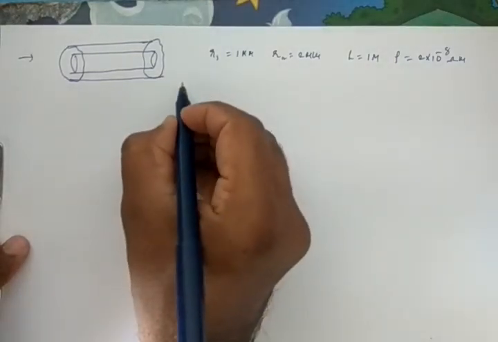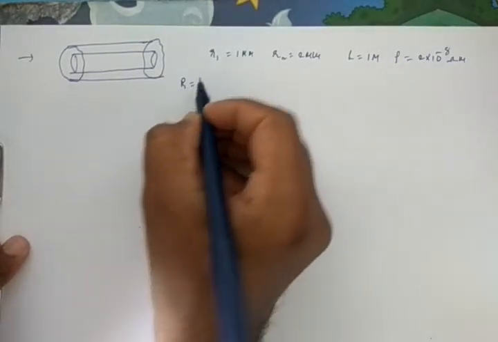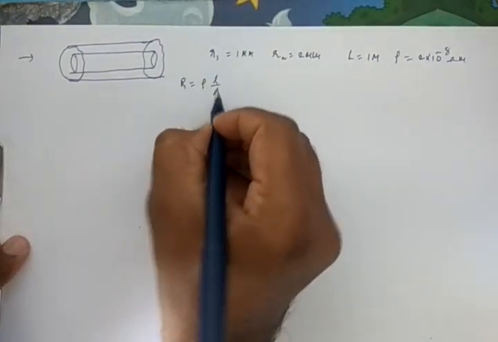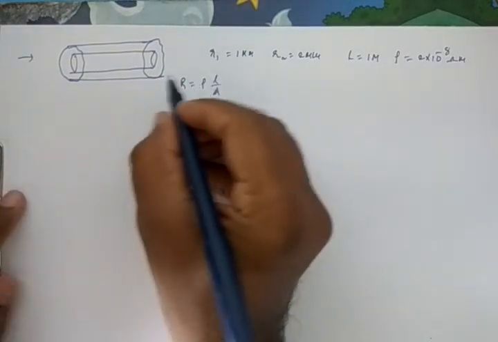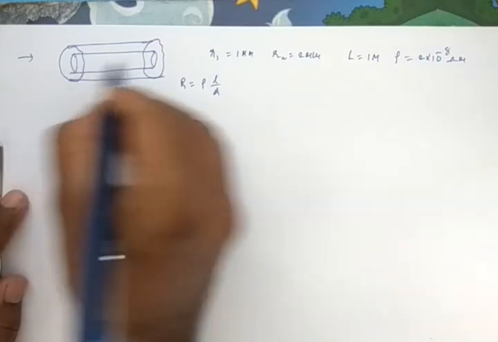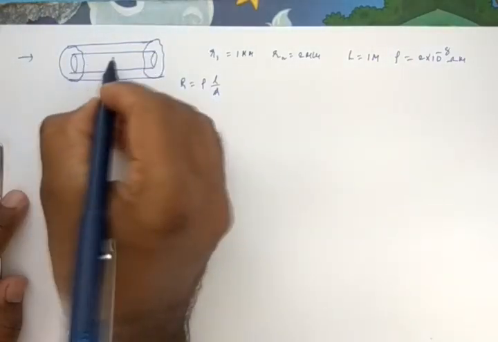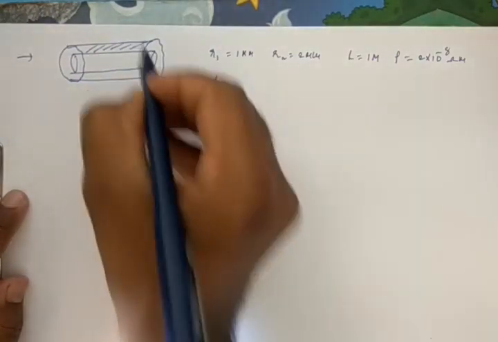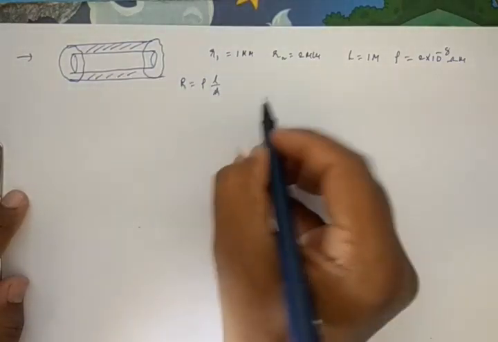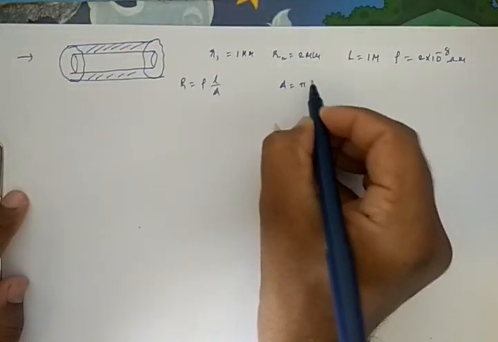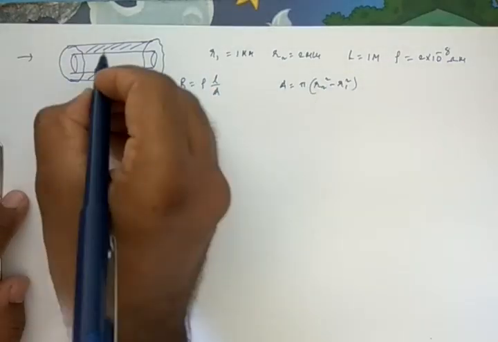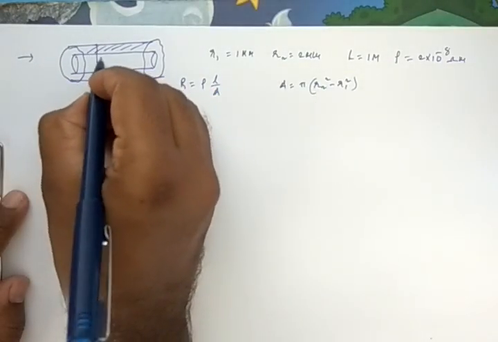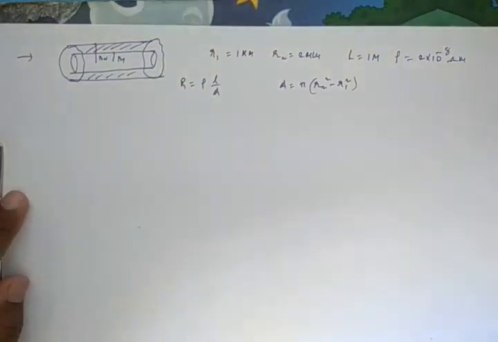We know by this equation that R equals rho into L by A. Rho we know, L we know, then you have to find the effective area, because it's a hollow cylinder, so there is nothing inside and only this is your area. The effective area equals pi times R2 square minus R1 square, where this is your R2 and this is your R1.